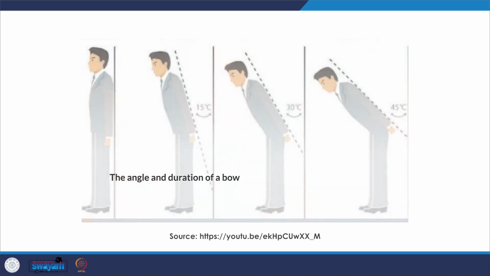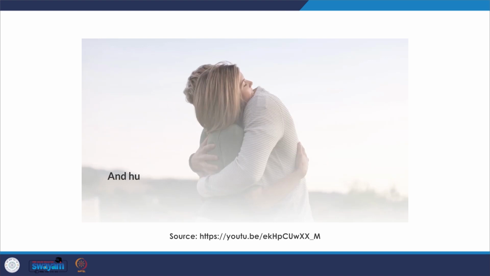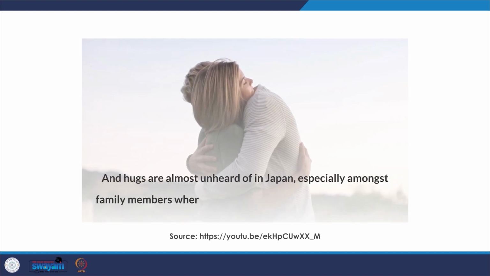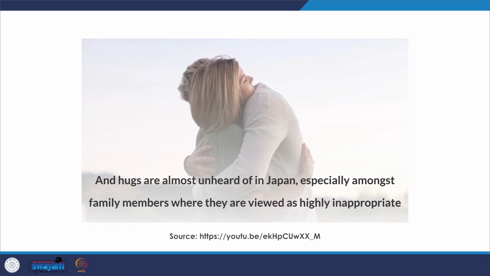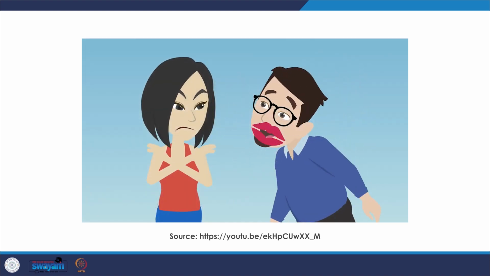The angle and duration of a bow is meaningful, depending on social status and the relationship between two people. And hugs are almost unheard of in Japan, especially amongst family members, where they are viewed as highly inappropriate. Don't even go there with a kiss.